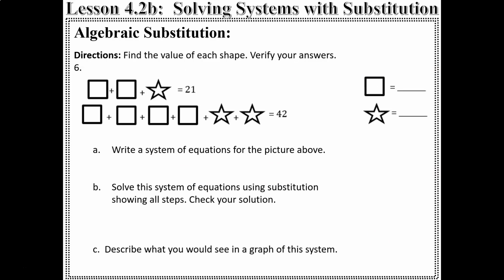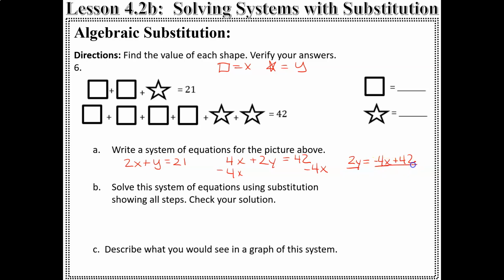So let's write our system. Let's make the square equal x and the star equal y. So I have 2x plus y equals 21, and 4x plus 2y equals 42. When I get this into slope-intercept form, you'll have 2y equals negative 4x plus 42.